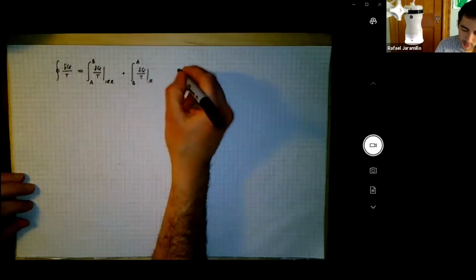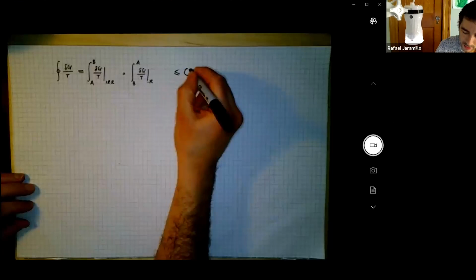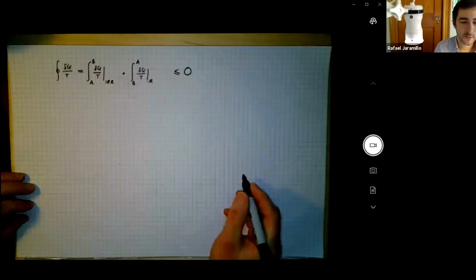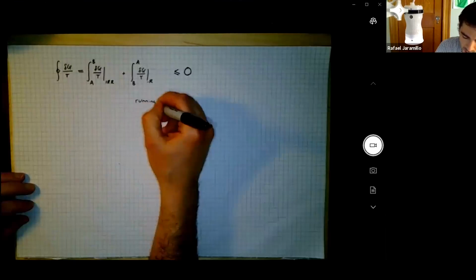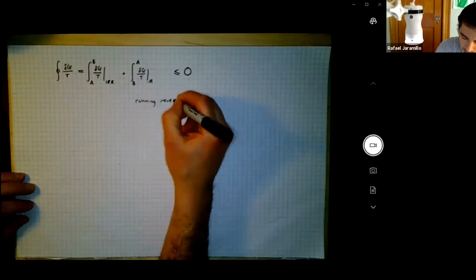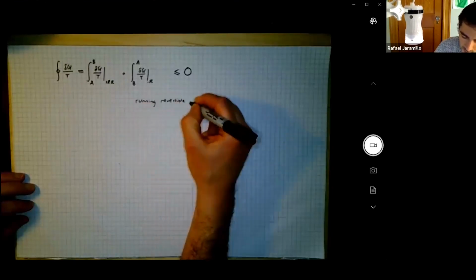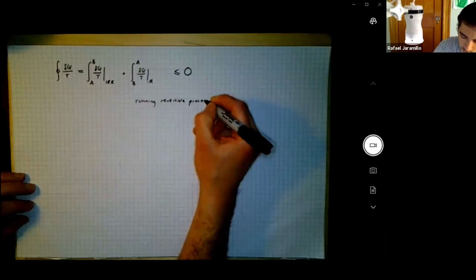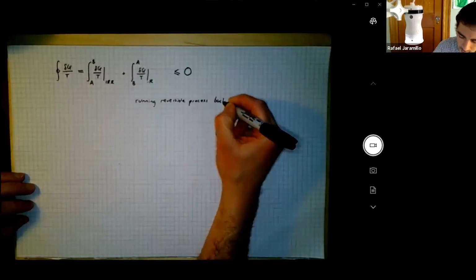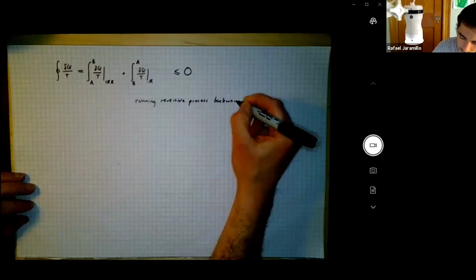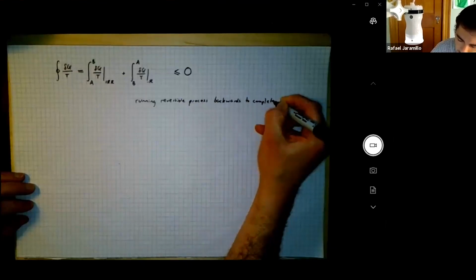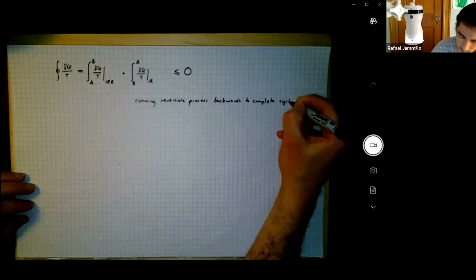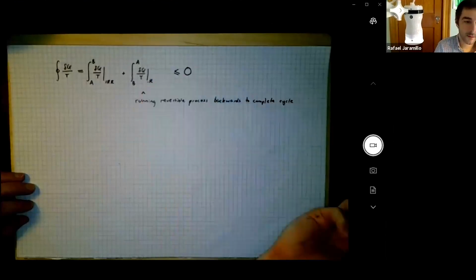All right, so that's the way, and Clausius' theorem says that we're running the reversible process backwards to complete the cycle. Right, okay.